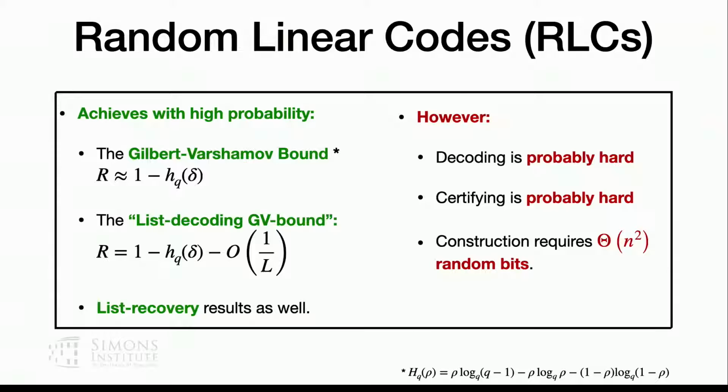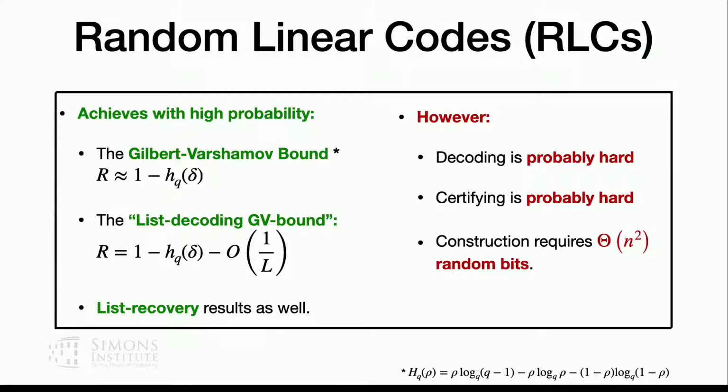Given a random linear code, I want to check whether it actually achieves the Gilbert-Varshamov bound. I don't know how to do that. And constructing them is a random process. It takes around n squared random bits if I want to construct a random linear code in F2. Why? Because I need to generate either a random generating matrix or a random parity check matrix, and each of these would have order of n squared bits. Okay, so this is the good and the bad about random linear codes.